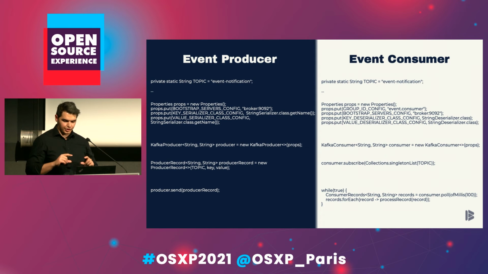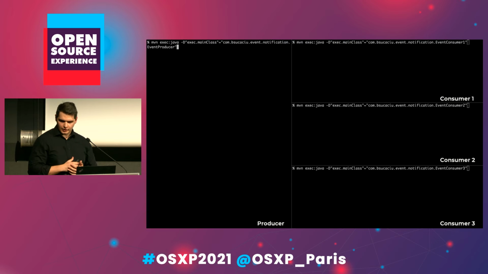You have the configuration block where you specify where you can find the broker, and what kind of data you are sending. Are you going to be sending strings, JSONs, or binary serialization formats like Avro or Thrift or Protobuf? Then you have the creation of the producer and consumer and the actual exchange of the data.